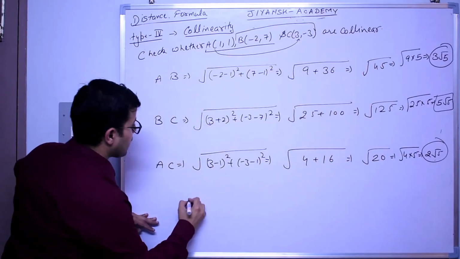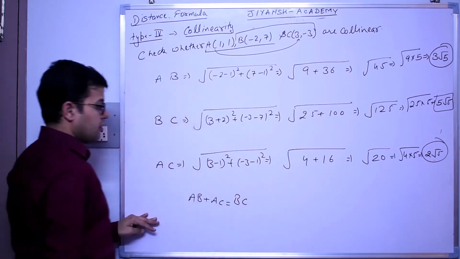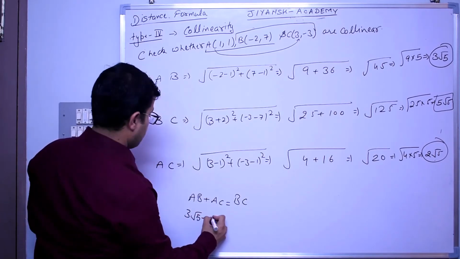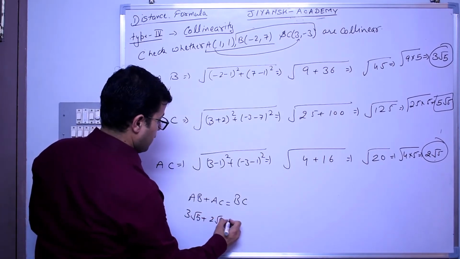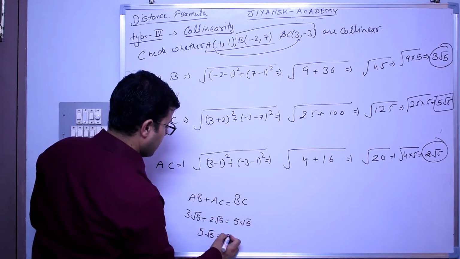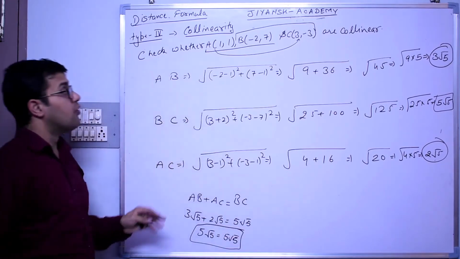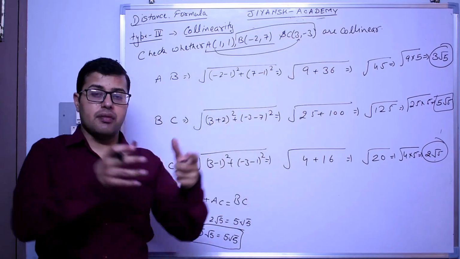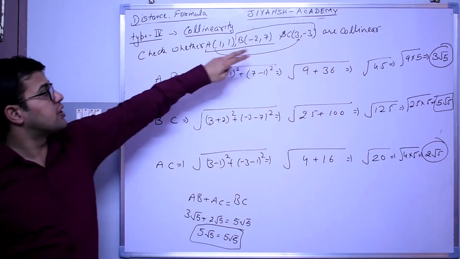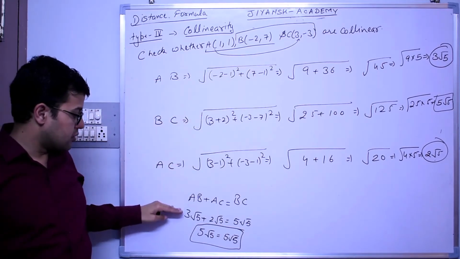Yes, I can say that AB plus AC is equal to BC, because 3 root 5 plus 2 root 5 is equal to 5 root 5. This is 5 root 5, which is equal to 5 root 5. Now since we didn't know which of the points is in between the given two points, in this case you have to find all three distances AB, BC and AC. So this is how we got it.